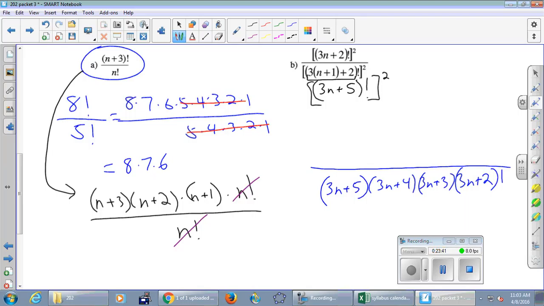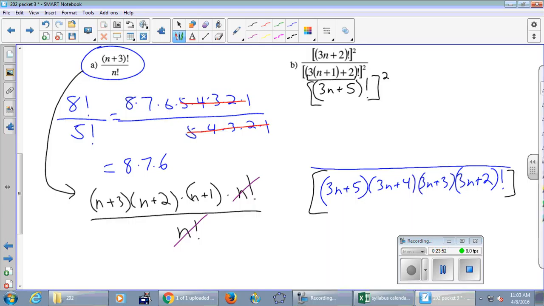And so we stop there and we say, hey, we can capture all the rest of them with the exclamation point just on the last guy. And of course, this whole thing is still squared. And then I will copy the top just as it is.